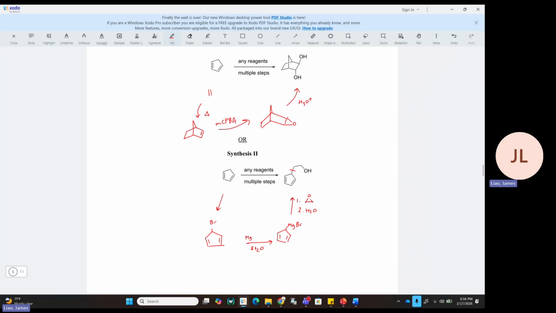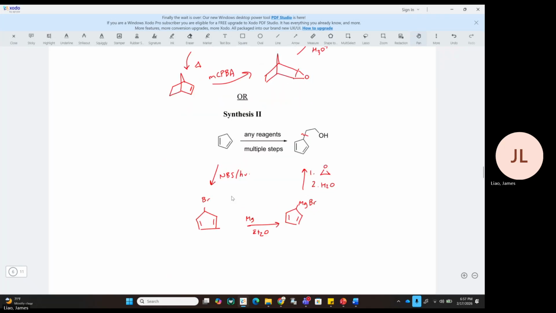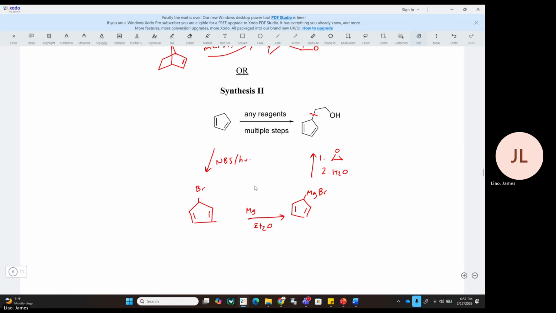And then going back from this, because there's an alkene, this is an allylic position, which means I'm going to be using NBS in light. Is that it? Yeah, magnesium and ether.